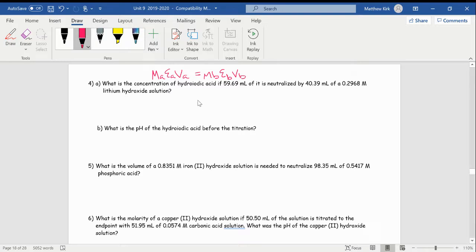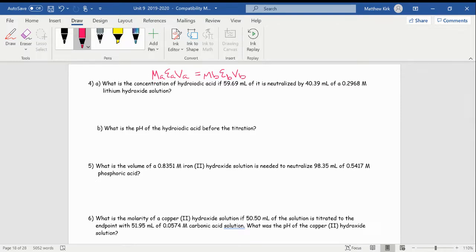So here we go. 4a. What is the concentration of hydroiodic acid if 59.69 milliliters of it is neutralized by 40.39 milliliters of a 0.2968 molar lithium hydroxide solution? Again, I like to start by figuring out what I am trying to solve for, and then plugging in the rest of our titration formula.